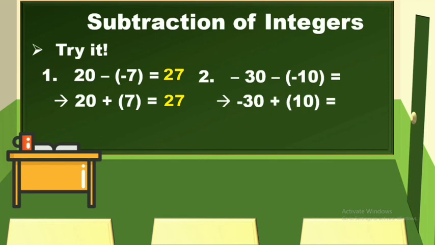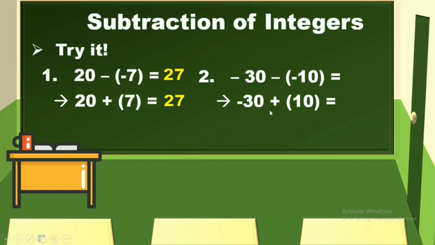Yes! We will copy first the first integer, and that is negative 30. Then change the operation from subtraction to addition. Then get the opposite of negative 10, and that is positive 10. Then proceed to addition. Negative 30 plus positive 10. Remember, they have different signs.